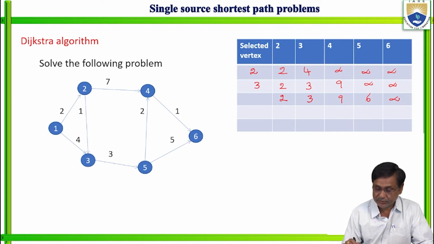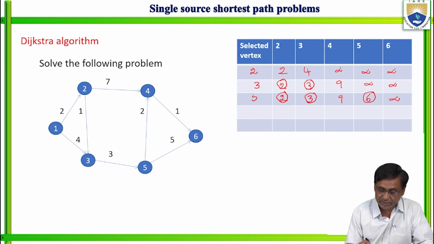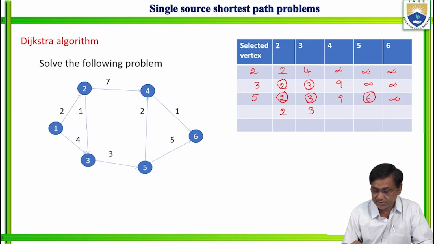So in this we have to select the minimum one. This is already selected. This is already selected. So the next minimum is 6, corresponding to the vertex 5. Vertex 5 is selected now. After selecting the vertex 5, you can find out the distances again. Now this distance is 3. This distance is 2. This distance is 3.